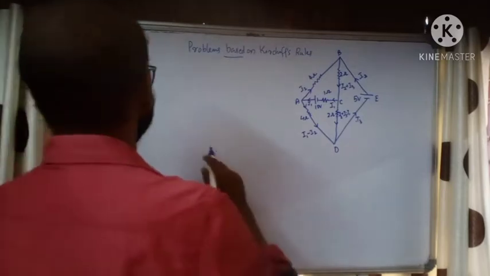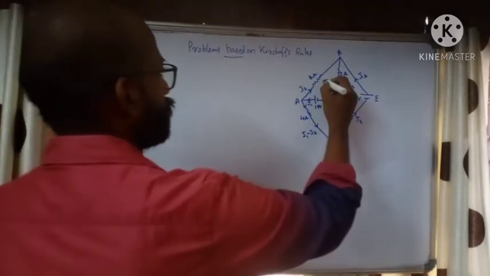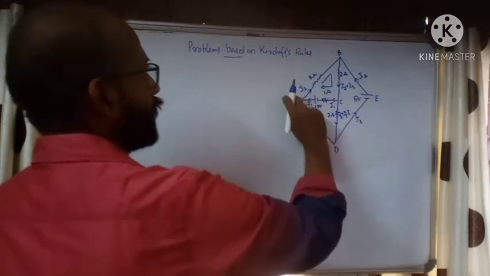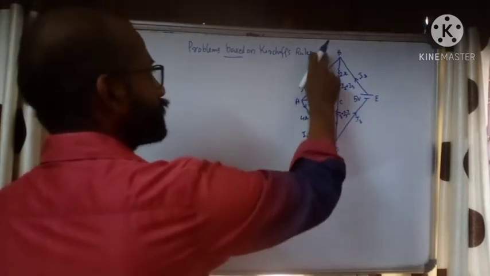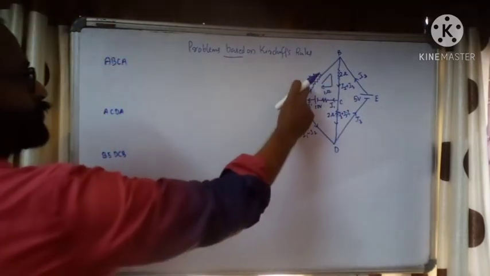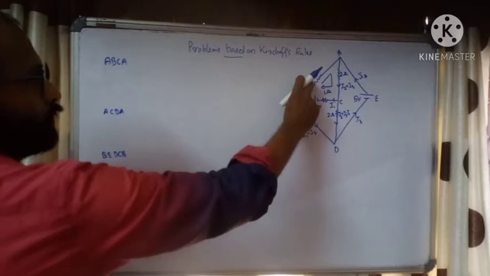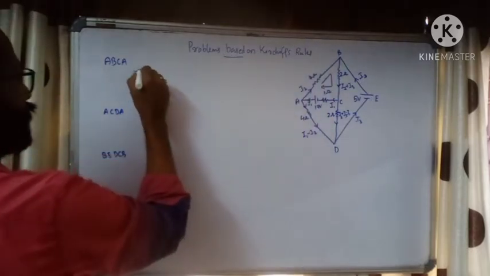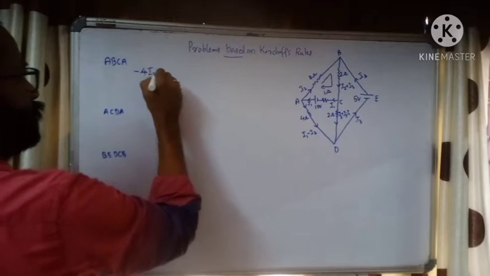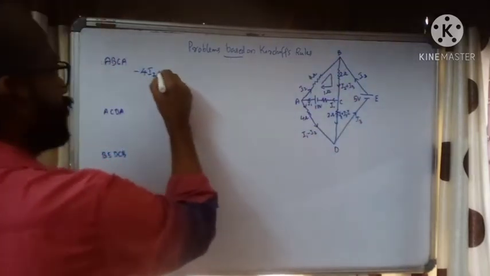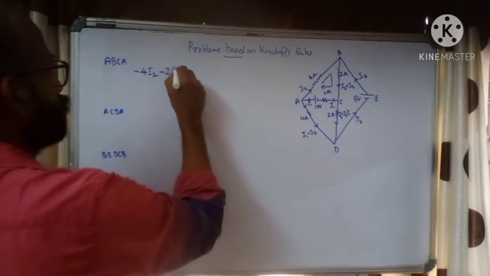Voltage equation for loop A, B, C, A. We traverse in the clockwise direction like this, A to B, and the current is also in the same direction. Voltage across the resistance is 4 into I2; since we are traversing in the same direction, we take minus 4I2. Here also we traverse in the same direction, so minus 2 into (I2 plus I3).